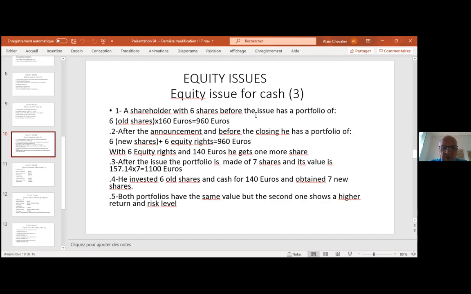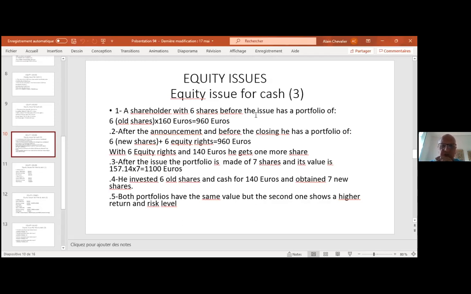Let's take a shareholder with 6 shares before the issue. That shareholder is in a very simple situation: he has a portfolio which is a multiple of the parity, which is the easiest situation in terms of arbitrage.